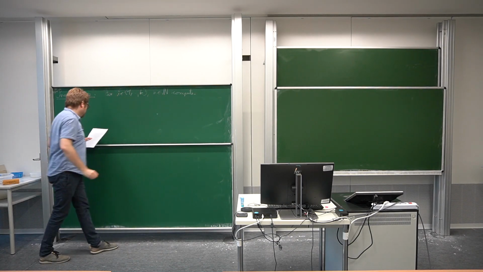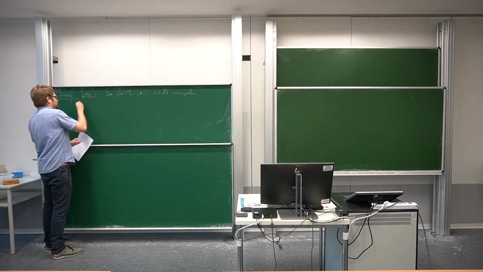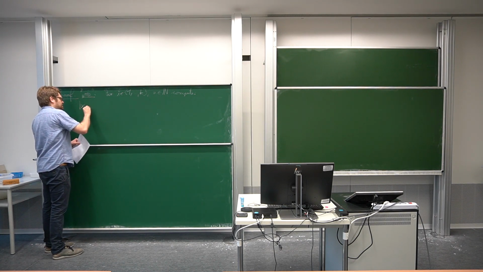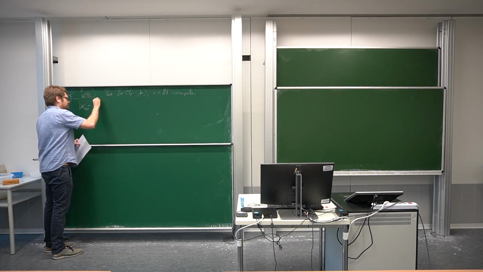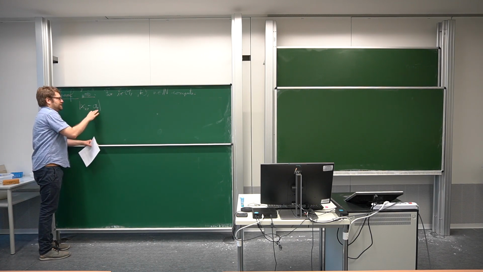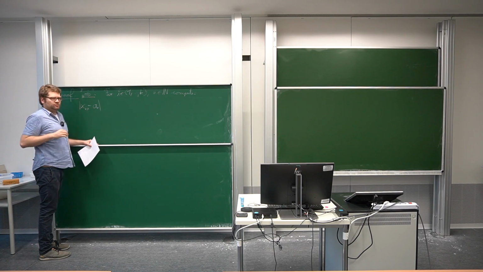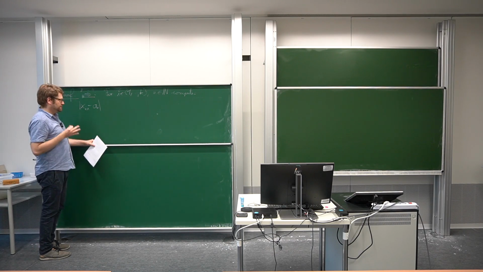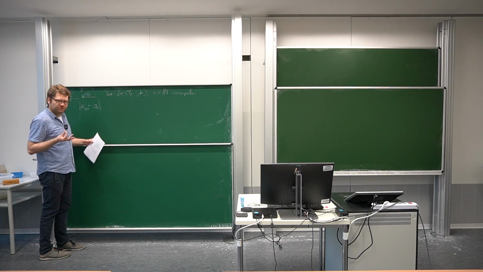If we want to show the convergence of the coordinate sequences, we need to discuss this difference here. So x_in minus a_i, to the absolute value, these are the ones which have to become small in the old convergence sense.